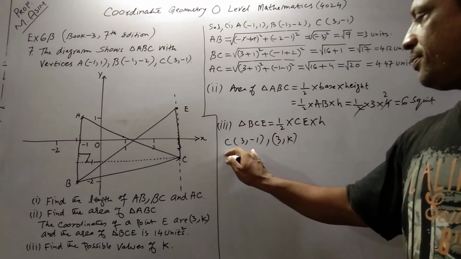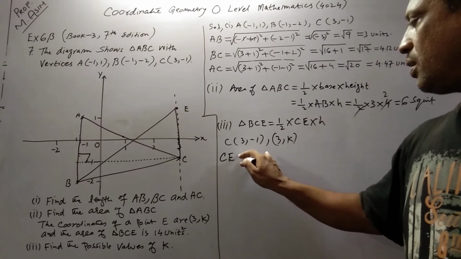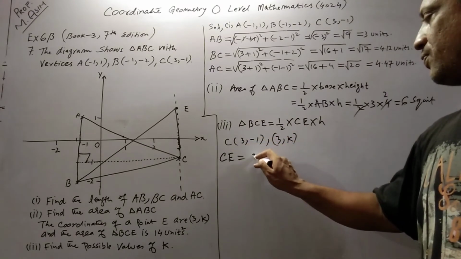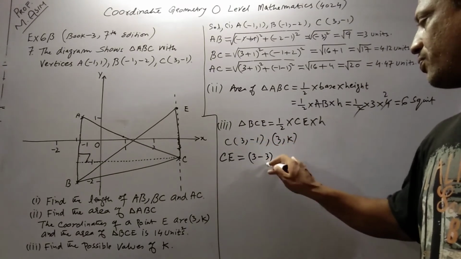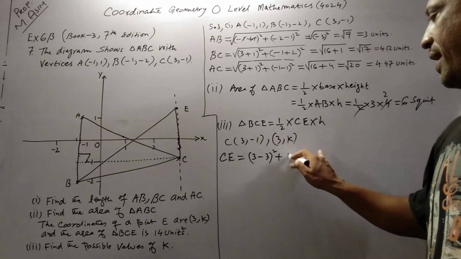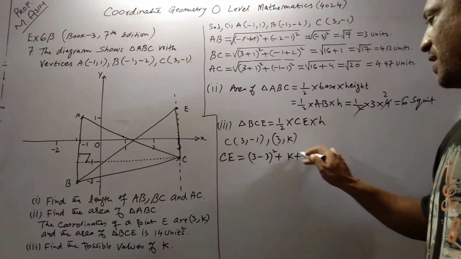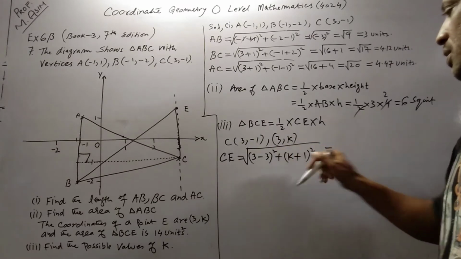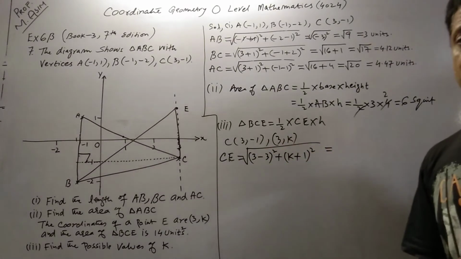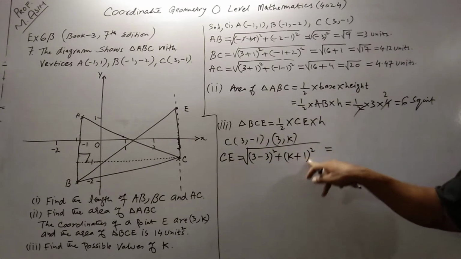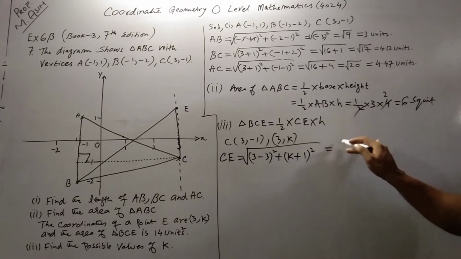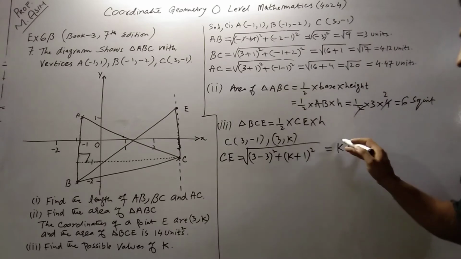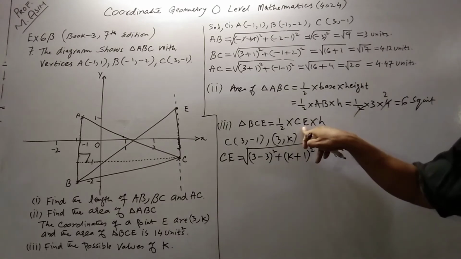So by using the distance formula, square root of (3 minus 3) whole square plus (k plus 1) whole square. 3 minus 3 is 0, 0 square is 0, k plus 1 whole square cancels with the root, the answer is k plus 1.